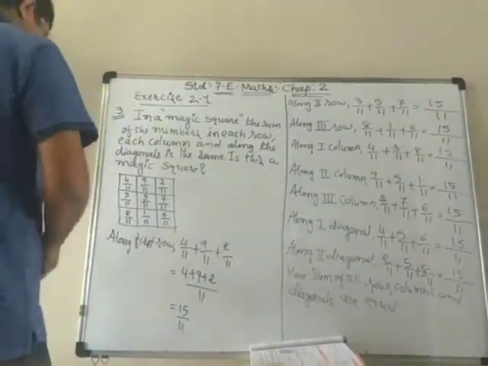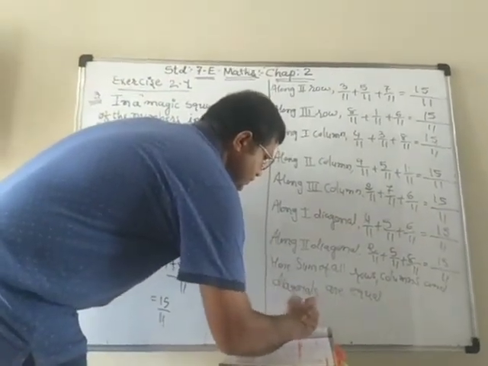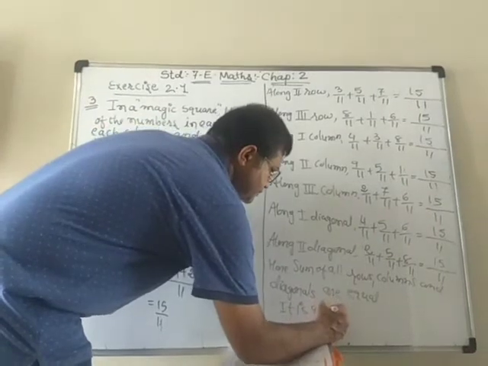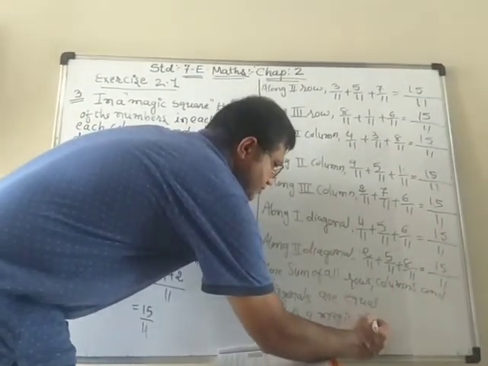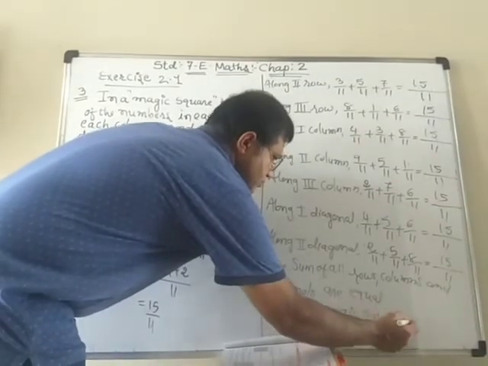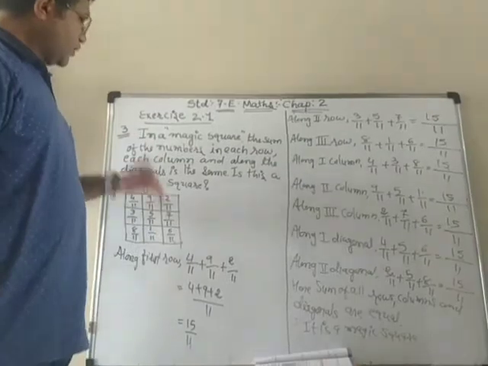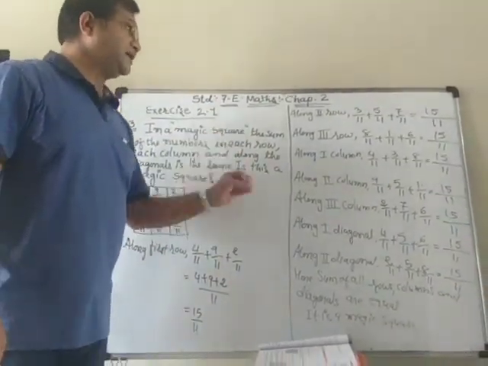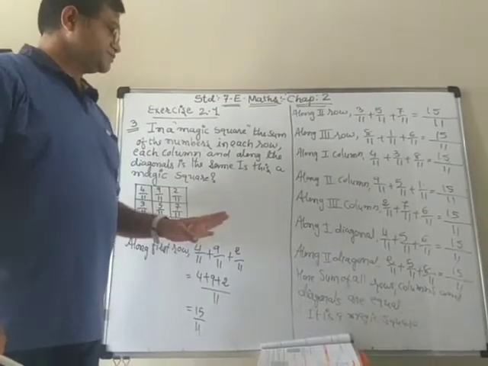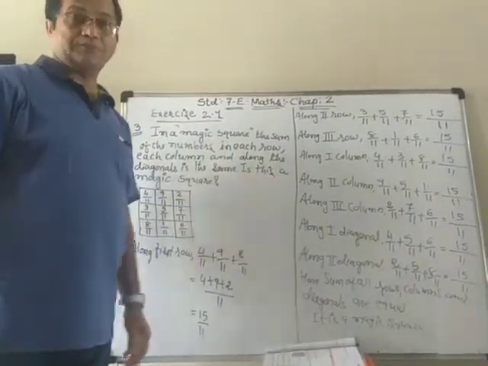So you can say that therefore it is a magic square. So here we proved that all the sums in a row, in a column and in the diagonals are the same. Therefore, it is a magic square.